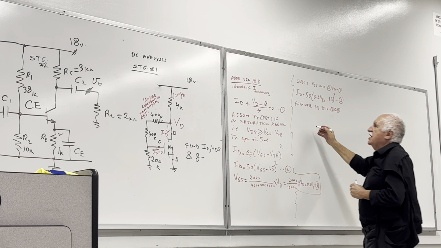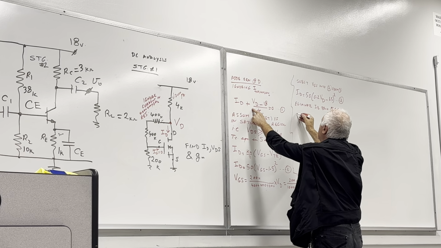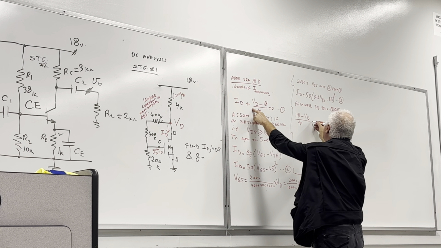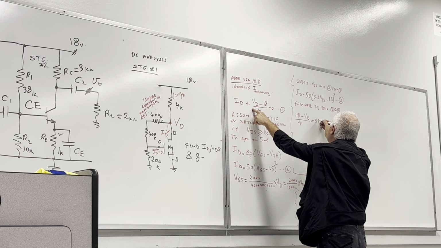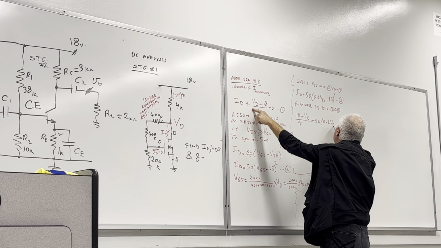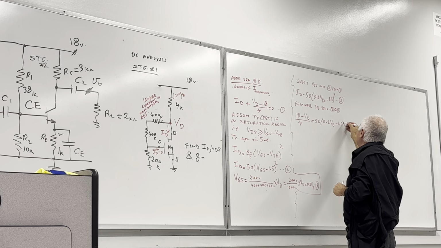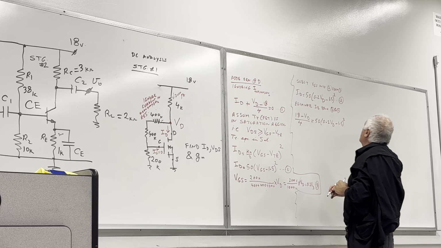Okay, so we will get here (18 minus VD) over 4 is equal to 50 times (0.2 VD minus 1.5) squared.